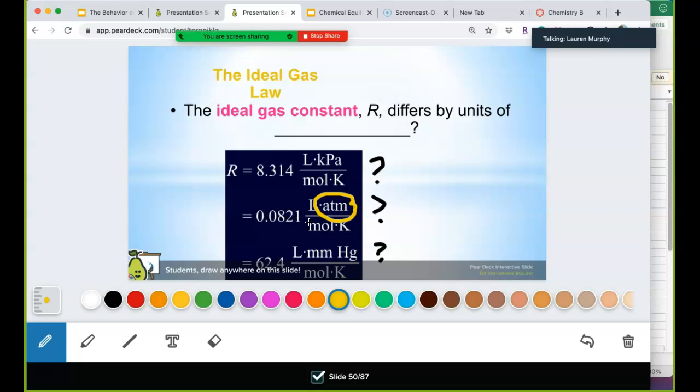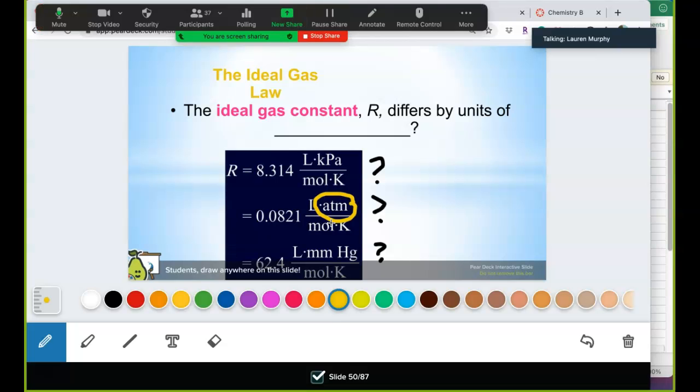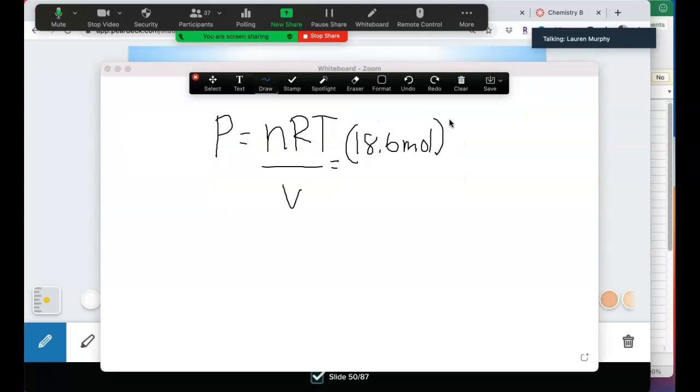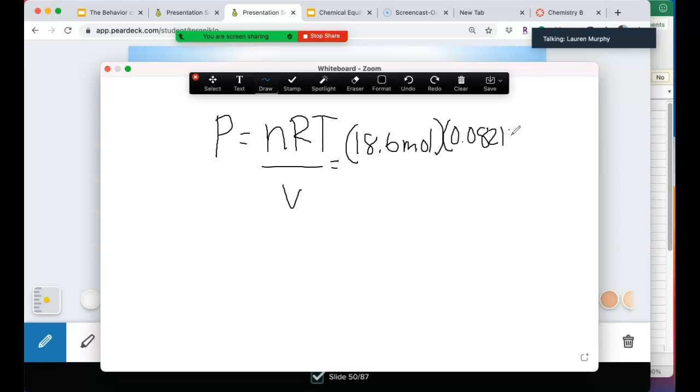So this is the R constant you should use. That's how you pick. So that's the one I'm going to use. I'm going to use 0.0821. So the R constant is 0.0821 liter times atmosphere over mole times Kelvin.